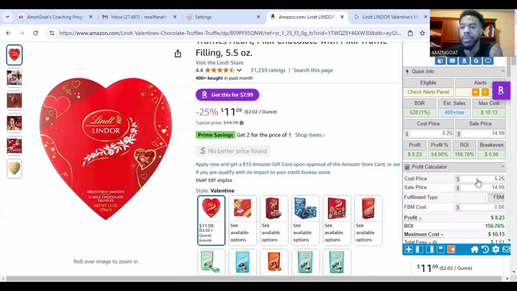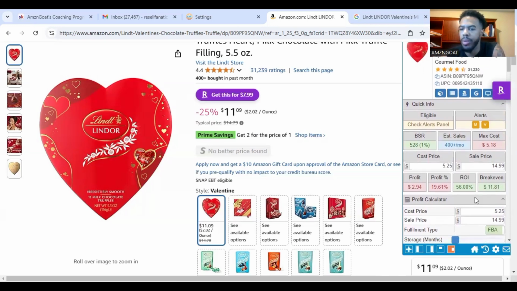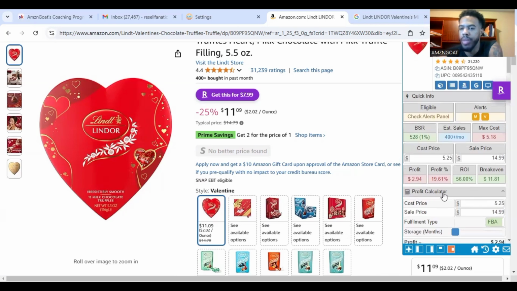And once you put 525 in, even if it is already set to FBM, you can put in that FBM cost so that you see all of the right numbers. But hopefully yours just automatically has FBA. I don't know where or if you can make that change if it is stuck on FBM, but either way, just make sure the profit calculator is under the quick info.